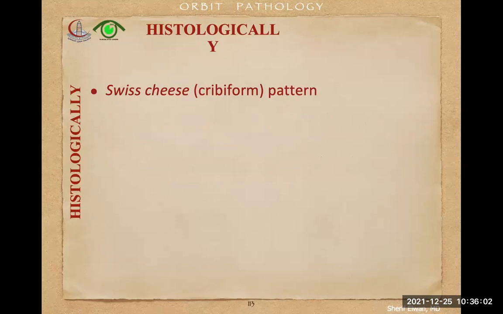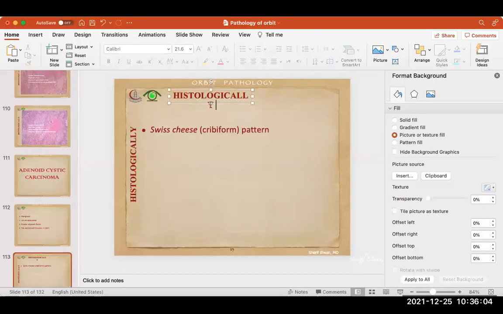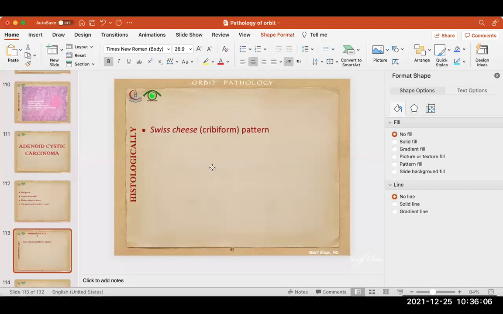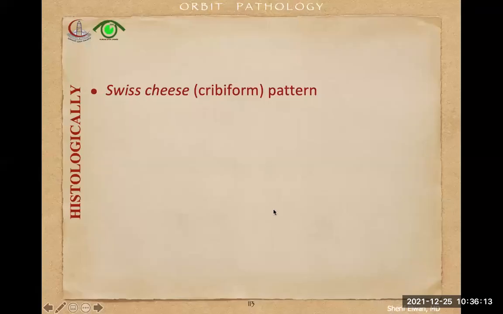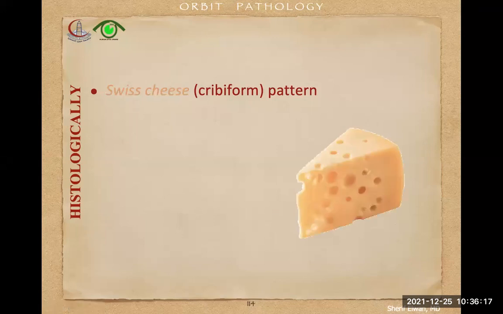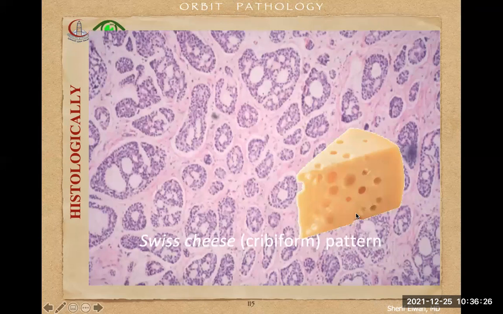And it has the Swiss cheese cribriform pattern. Swiss cheese is any cheese that has air spaces inside. You'll see why here.